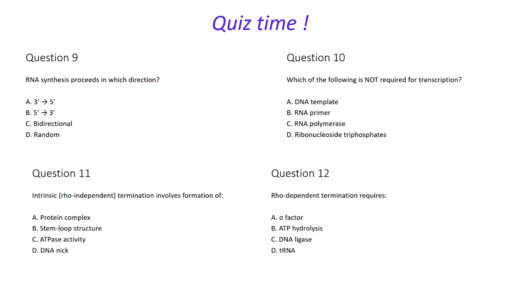Now, rho-dependent termination requires sigma factor, ATP hydrolysis, DNA ligase, or a tRNA.